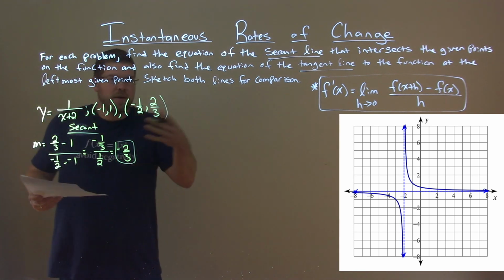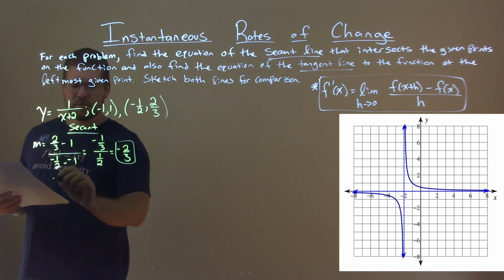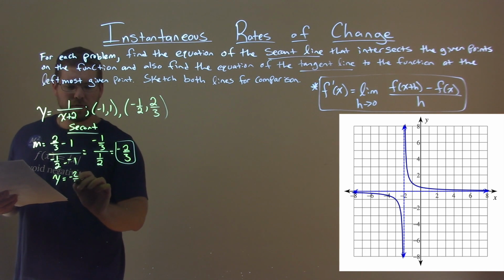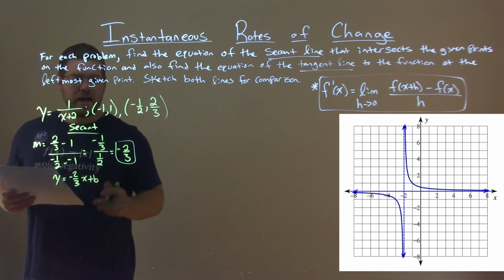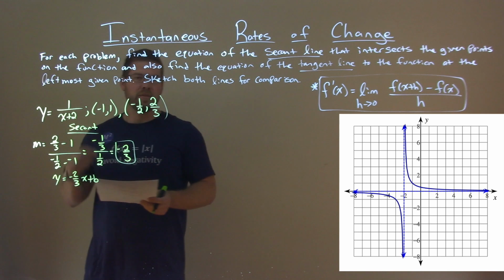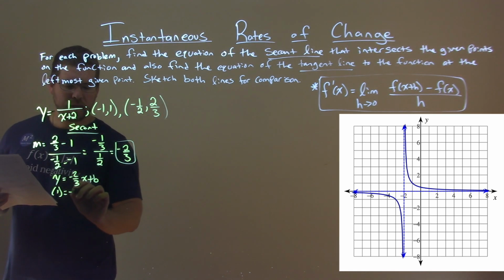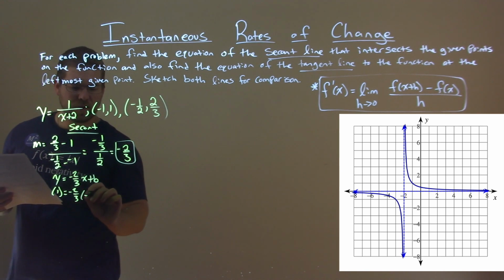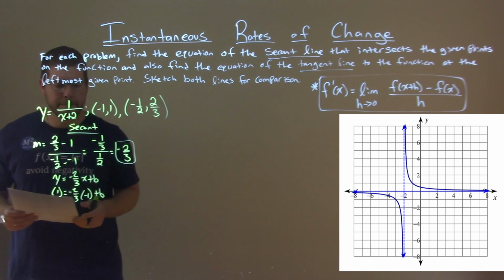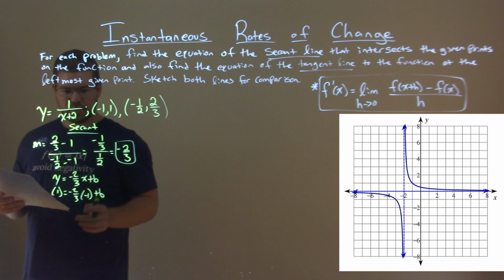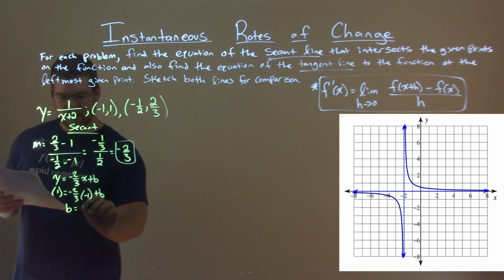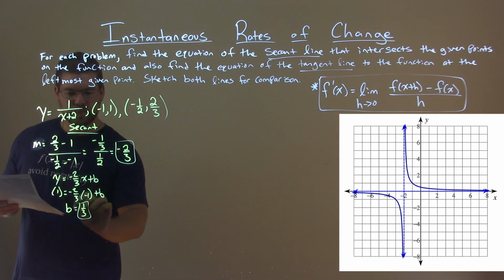Well, to find the equation of the line, it's y equals mx plus b. So we have y equals negative 2/3, our slope, x plus b. And we can pick any point here to find the b value. I think the first point's easier. Plugging in 1 for y equals negative 2/3, and x is negative 1, plus b. Solving for that, b comes out to be 1/3.